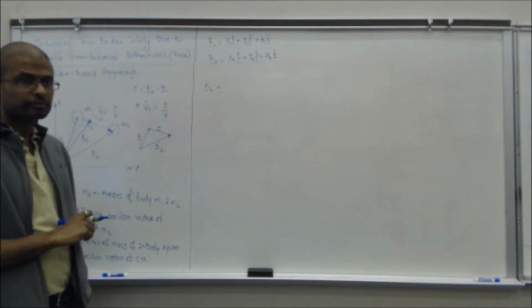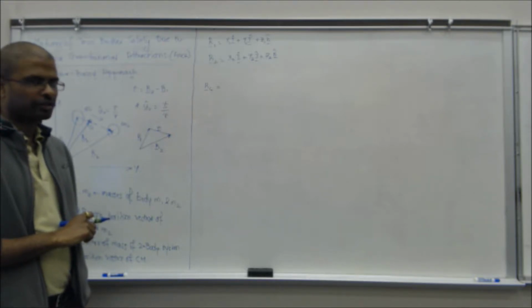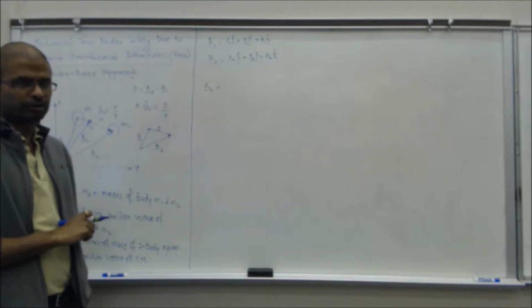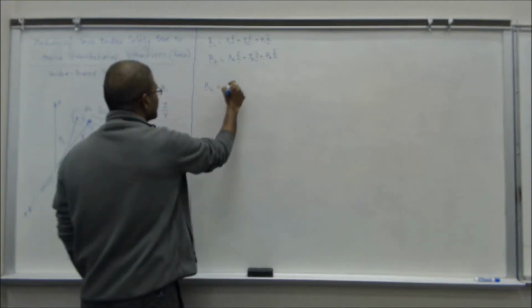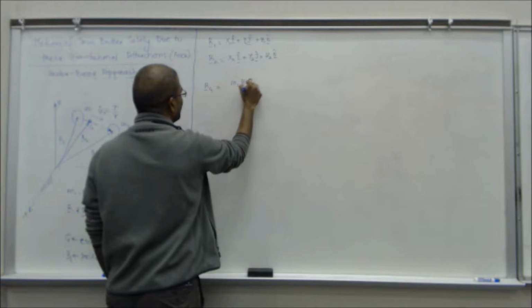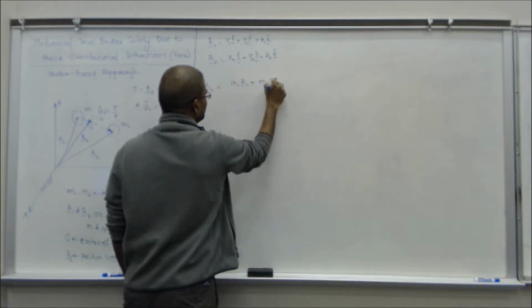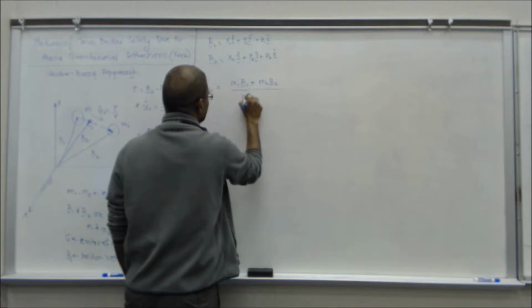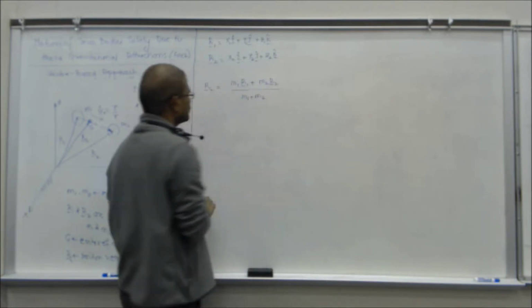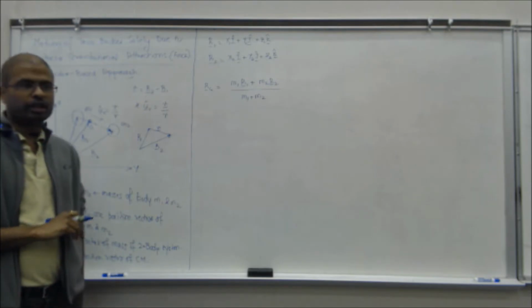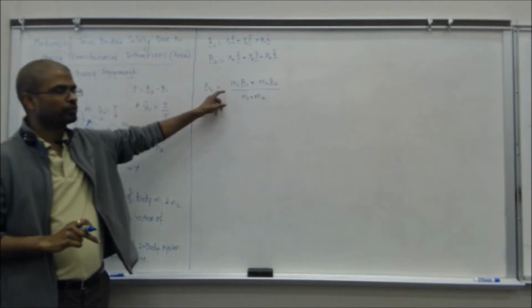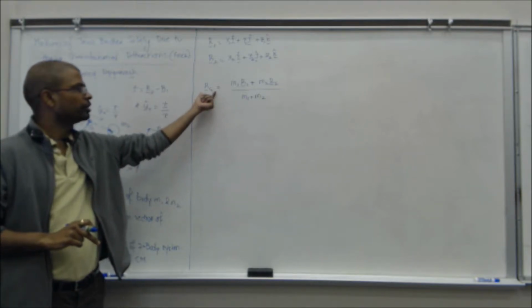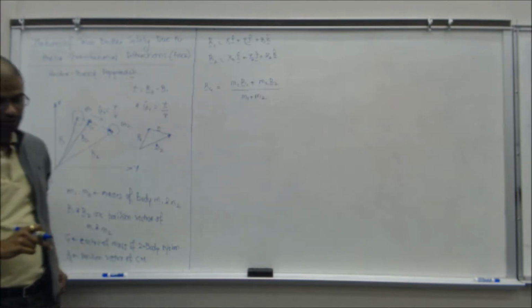No, that is not the center of mass. That is the universal law of gravity you are talking about. Not just two bodies, any center of mass for any body. This is the distance, the position vector of the center of mass. So this is how you would calculate. Okay?